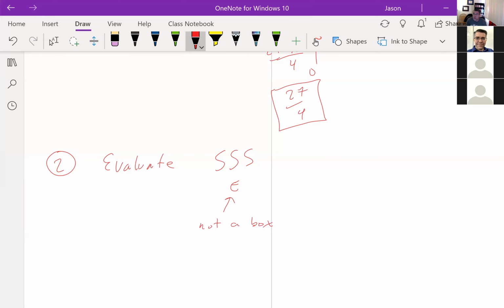That's just over a region now, it could be a different type of shape. In this case it's a tetrahedron. This is not a box, this is just a general volume.